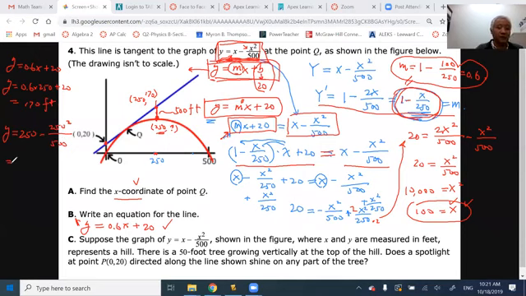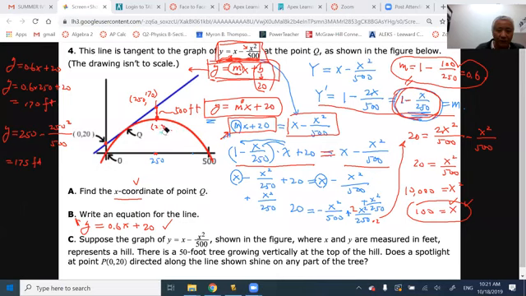So we do the calculation: 250 minus 250 squared divided by 500. We got 125. So we find out this one is 125 feet.